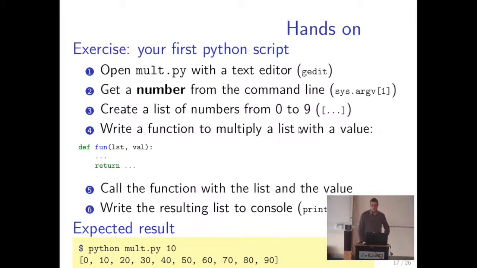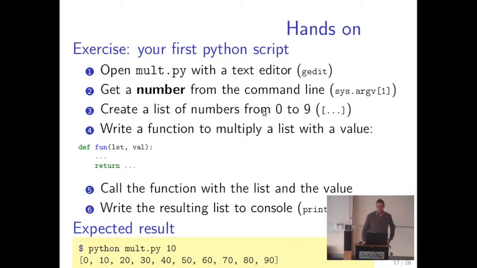So what you should do is to open a Python file, for example, the move.py. You will have to get a number from the command line. As a hint, you should use the sys.argv of 1.